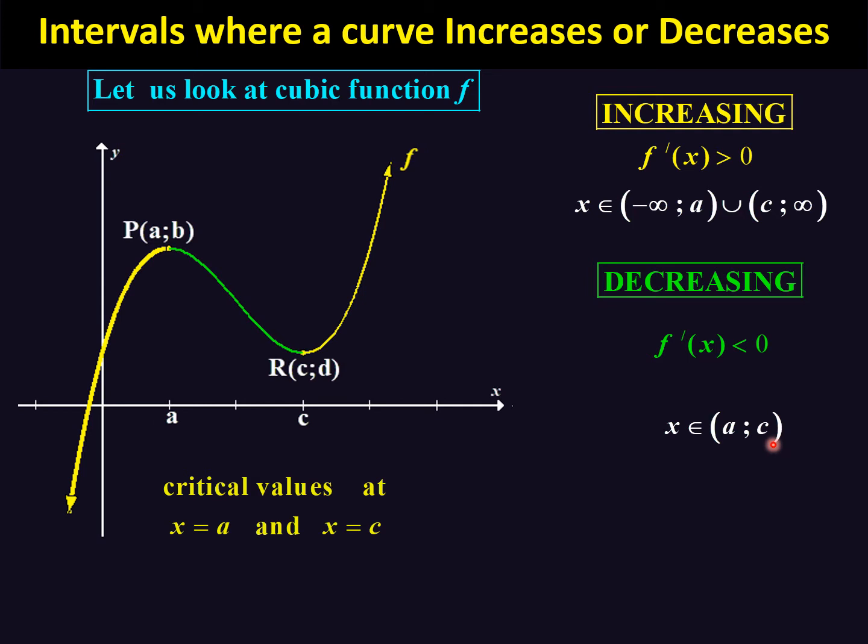And there we have the two combined: the yellow represents the increasing, and that's decreasing there. Associate increasing with the first derivative being greater than 0, and decreasing where the first derivative is less than 0. In part 4, we're going to do a lot more of these inequalities.